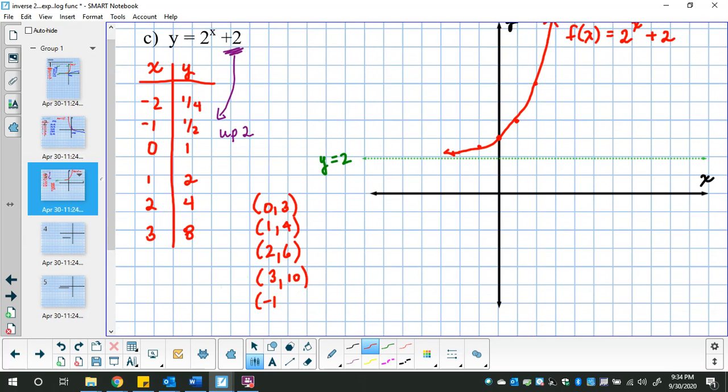Negative 1 across is not a very nice one. So that one was 1, 2, and a half up. And finally, negative 2, although I could probably fake this one, negative 2, and then 1, 2 and 1/4 up.